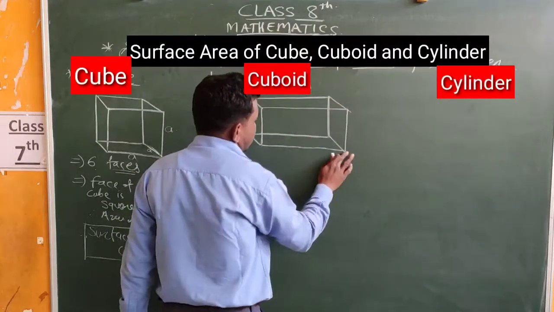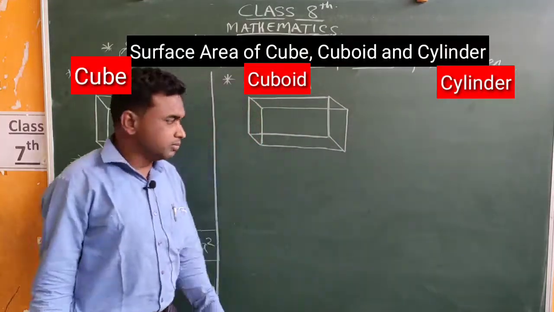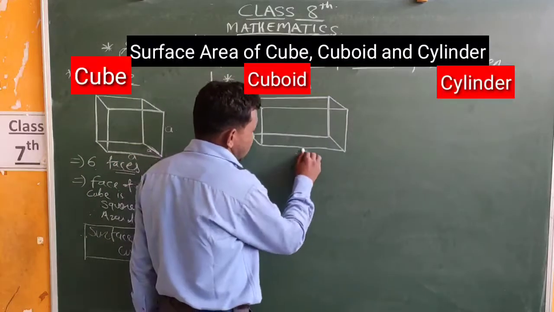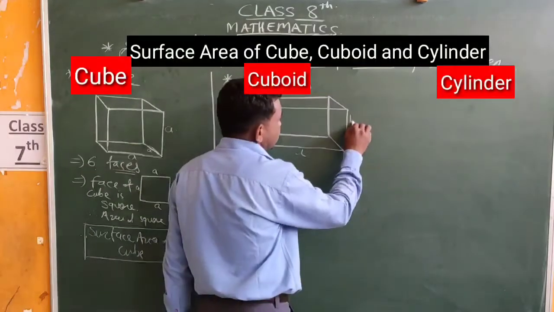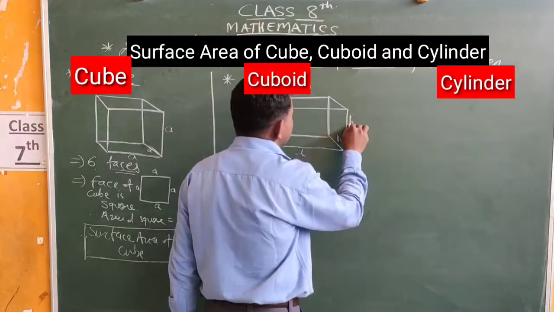The cuboid has lateral surfaces and bases. For the cuboid, if we consider, this is the length, this is the breadth, and this is the height. So 3 parameters are used in the cuboid.